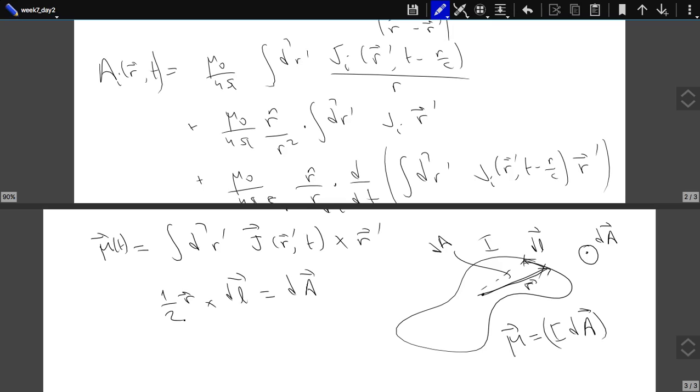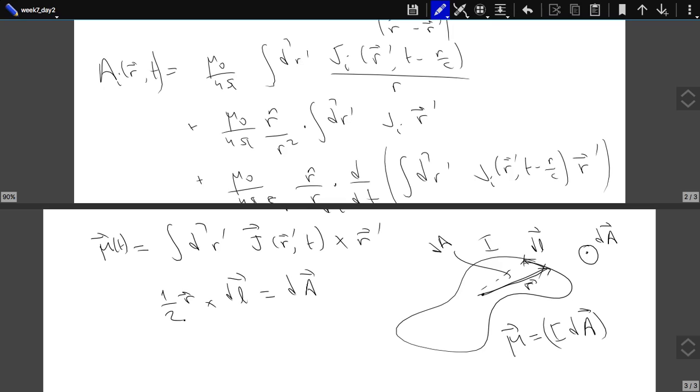Do you agree? Now you see here we have a triangle. The area of this triangle, which is this dA number, is R times this height over 2. So that's why I have 1 over 2. If you look at the magnitude, it already contains the R, while the height is nothing but dL times sine of this angle.